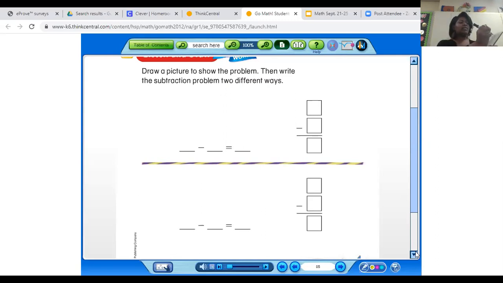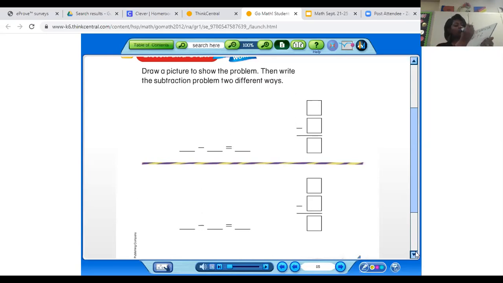4. So let's cross those out. 1, 2, 3, 4. So how many does he have now? He has 2. So that should be 6 minus 4 equals 2. That is our difference. Our difference is 2.